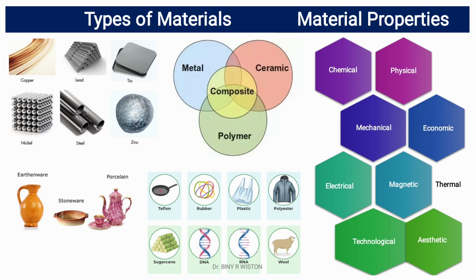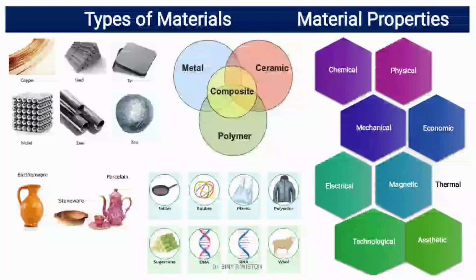Materials like earthenware, stoneware and porcelain are categorized as ceramics. The combination of one or more different materials brings up composites. An engineer must have wide knowledge of materials and their properties so that he can select suitable material for the product.